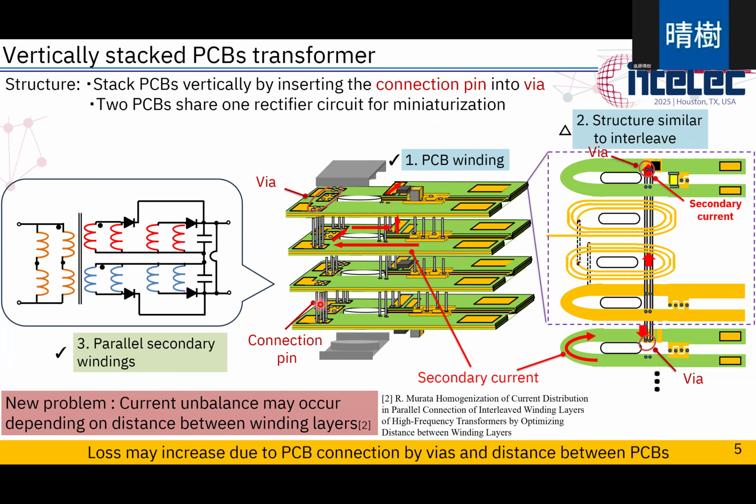And this transformer is made by PCB windings, and this has four parallel secondary windings. And a single PCB includes four winding layers. And this secondary current flow is unusual.